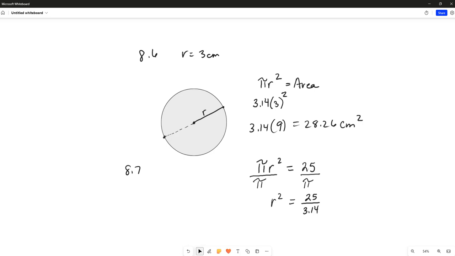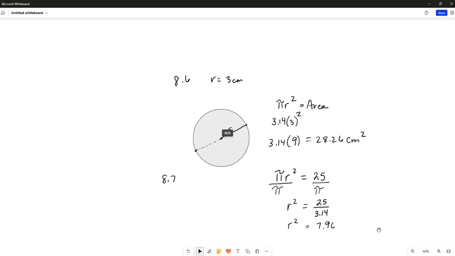And then I'm going to divide it by 3.14. And that gives me 7.96178, blah, blah, blah. I'm going to go out just 2 decimal places. So that's going to give me 7.96. But that's radius squared.